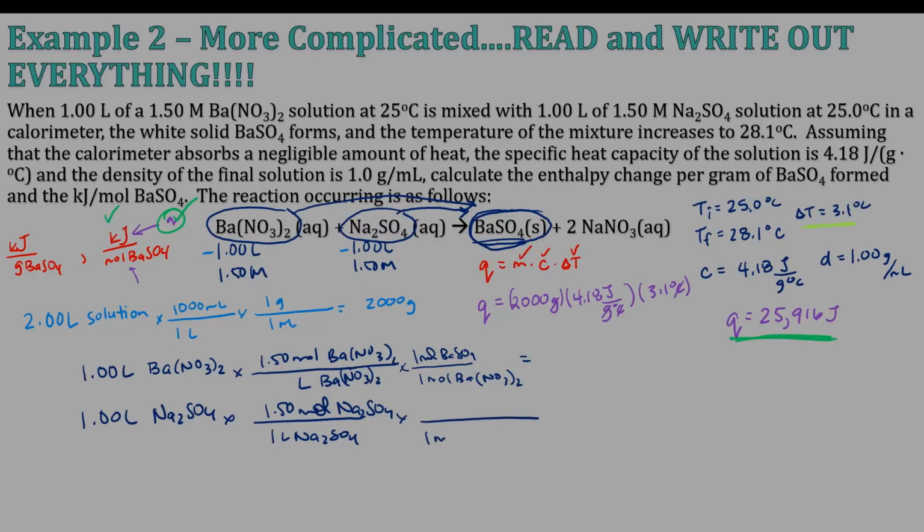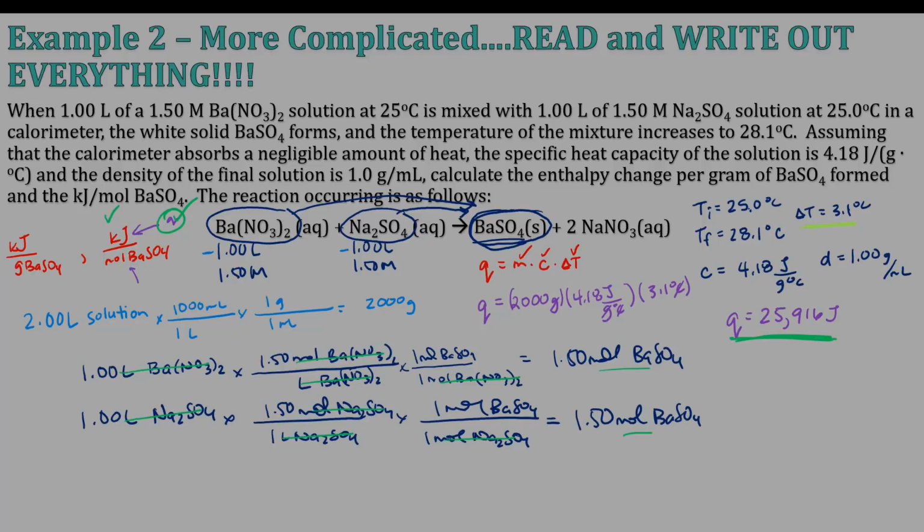And for 1 mole of sodium sulfate, I get 1 mole of barium sulfate. So that means here I'm going to get 1.50 moles of barium sulfate, and here I'm going to get 1.50 moles of barium sulfate. All right, so moles of sodium sulfate cancel with moles of sodium sulfate, liters with liters, liters of barium nitrate, moles of barium nitrate, moles of barium. So that's how I got these values.